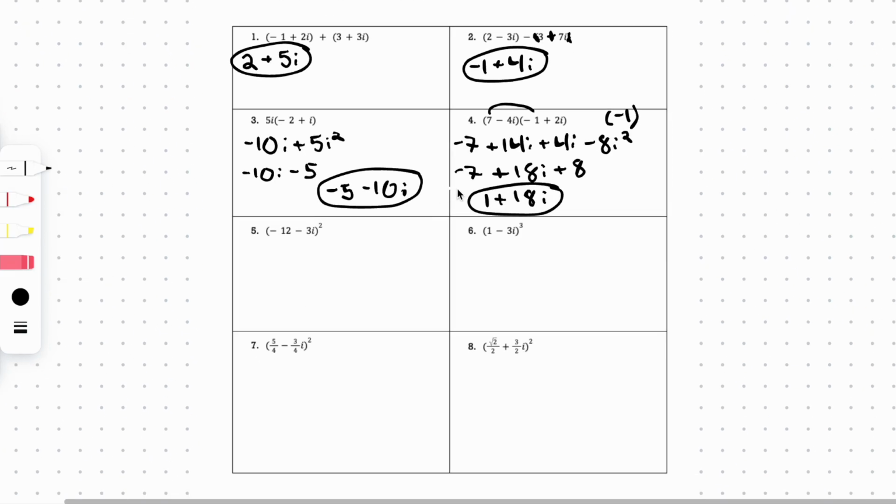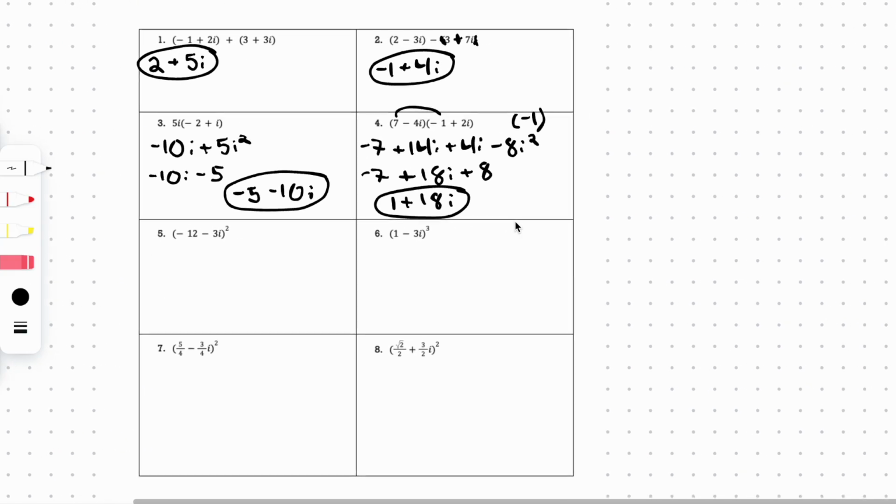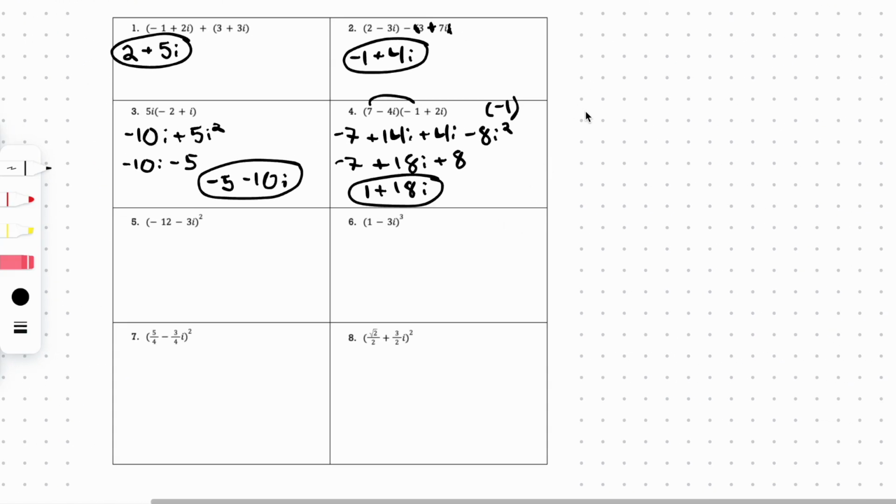But let's do this cube together, okay? So first, I'm going to actually write this out to the side because I feel like this is going to be a lot of work. Let's do 1 minus 3i times 1 minus 3i, okay?